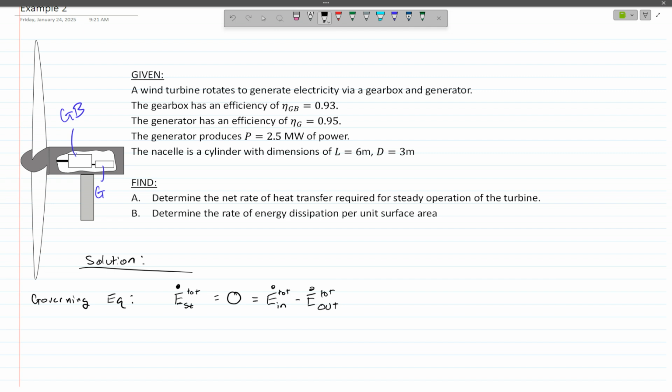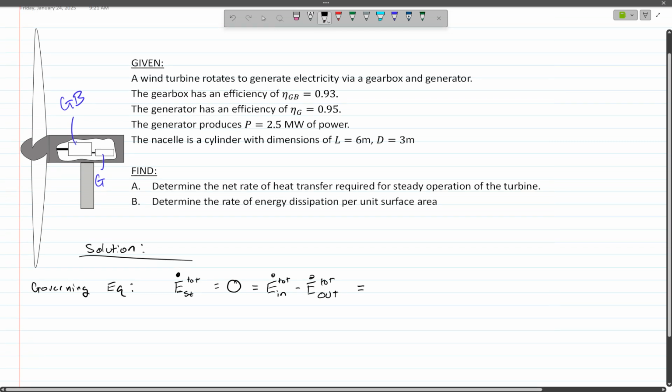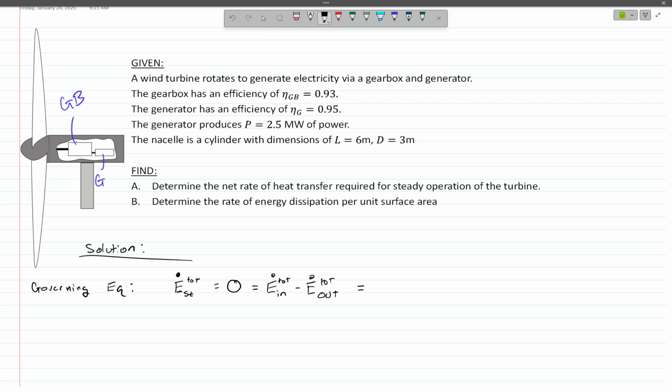So our only two ways of getting energy in and out are heat transfer and work, right? Where there's no advection going on. So we've got our Q and minus, right, work rate out.